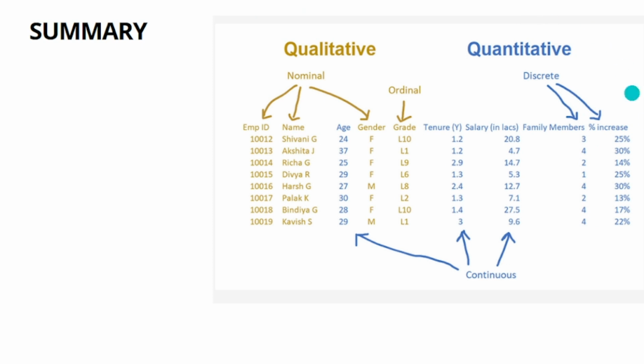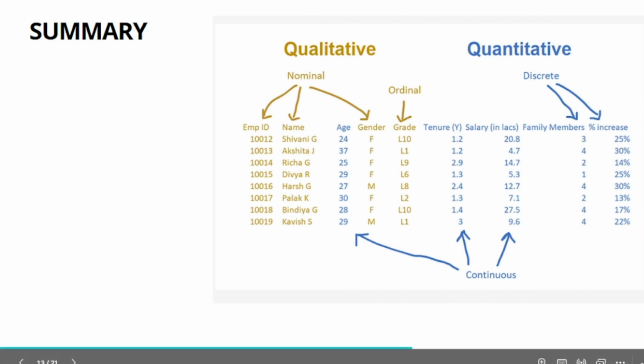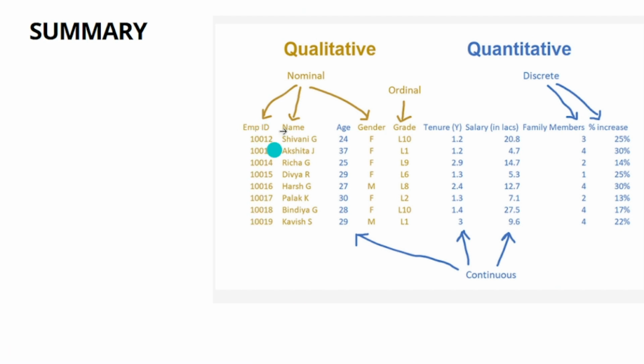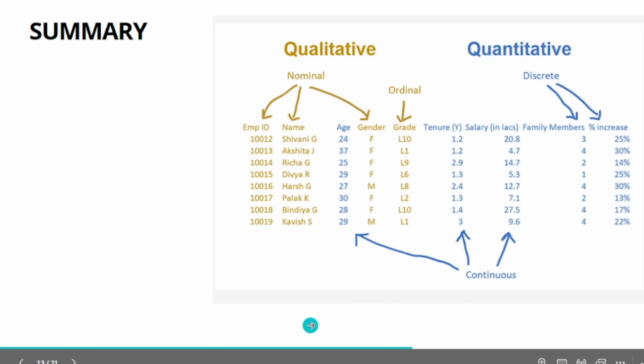This will give you a clear understanding. When given a data set, you can determine the columns based on qualitative or quantitative data. Qualitative data you categorize into nominal and ordinal, and quantitative data falls under two categories, continuous and discrete data.